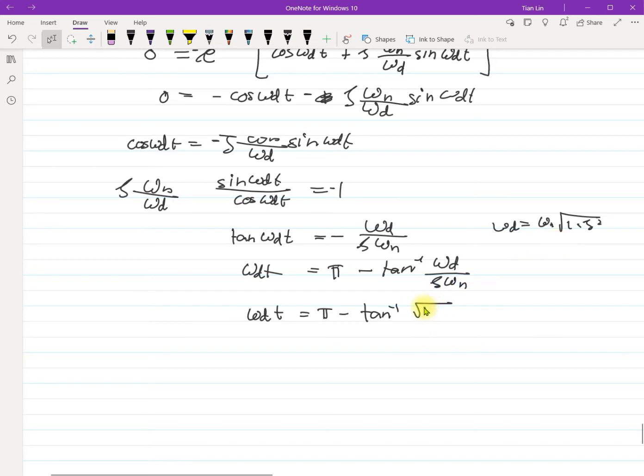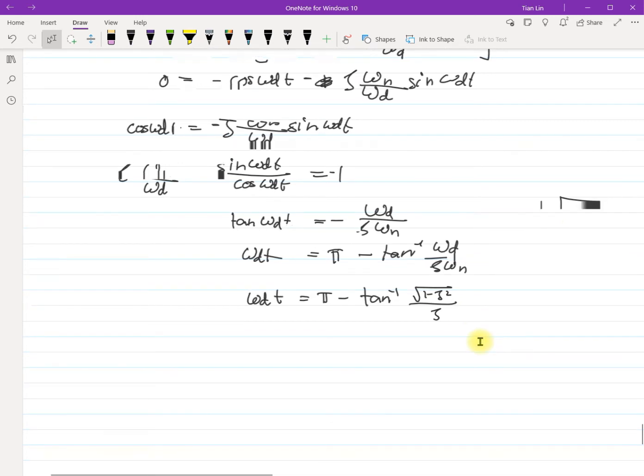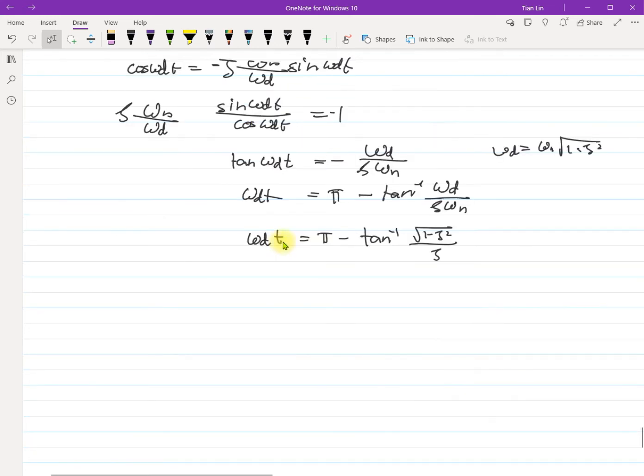It will be just 1 minus zeta squared all over zeta. That omega n will cancel out because omega d is equal to omega n times the square root of 1 minus zeta squared. Then the time here, this t here now, we can name it t or rise time. And this will be equal to 1 over omega d of that whole expression, pi minus tangent inverse of the square root of 1 minus zeta squared all over zeta.